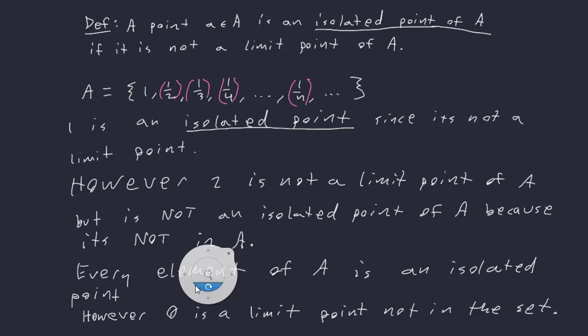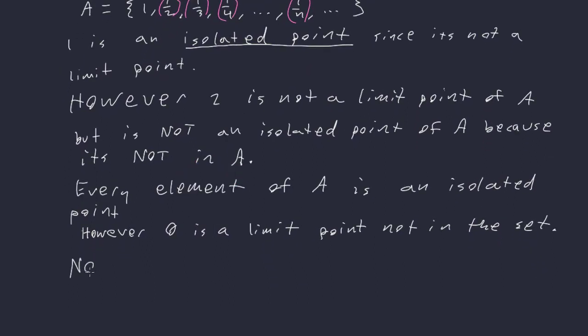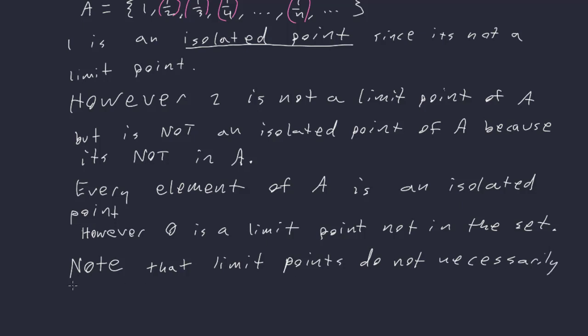So note, and this will be even more obvious when we finally get to the definition of a closed set, that limit points do not necessarily live in the set. As I said, this will be super obvious once we finally get to defining what a closed set is.